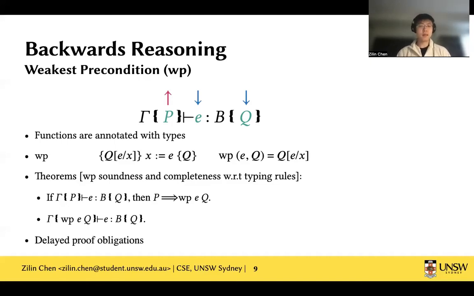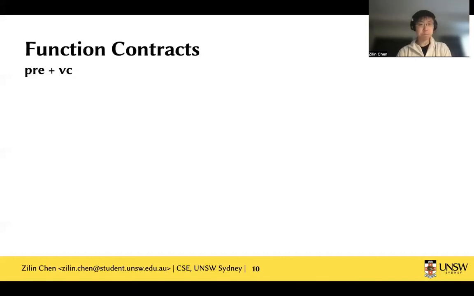What it does is essentially aggregating and delaying all the proof obligations that it sees along the typing tree. So we can leave the delayed proof obligations to a later stage, and they can be discharged either by an SMT solver or by users.